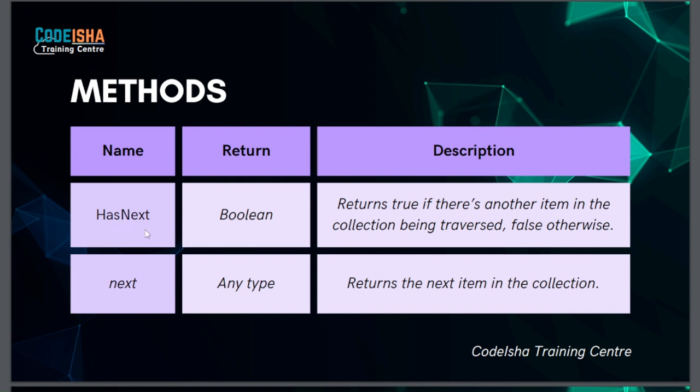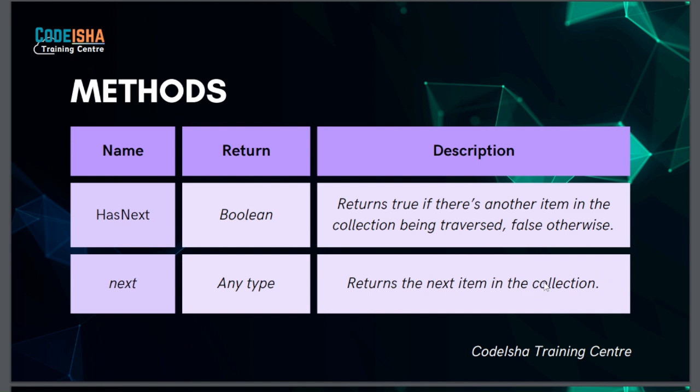hasNext returns a boolean, true or false. It returns true if there is another item in the collection being traversed, or if we don't have anything in the elements or values, it returns false. Coming to the next method, it returns the next item in the collection, which can be any data type, string or integer or anything other.